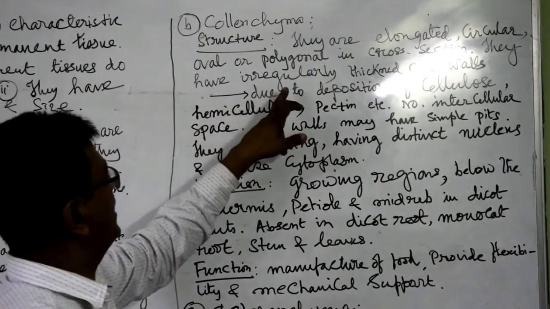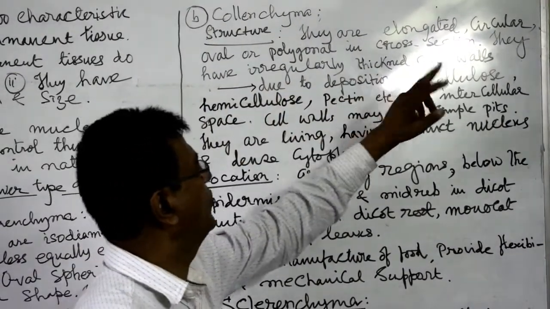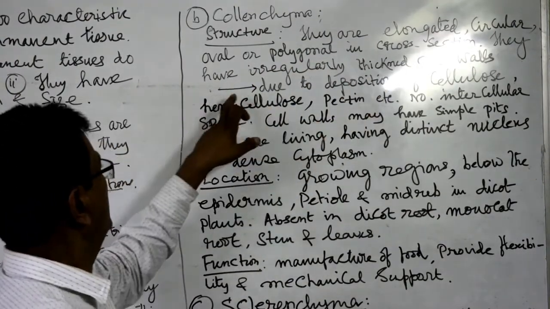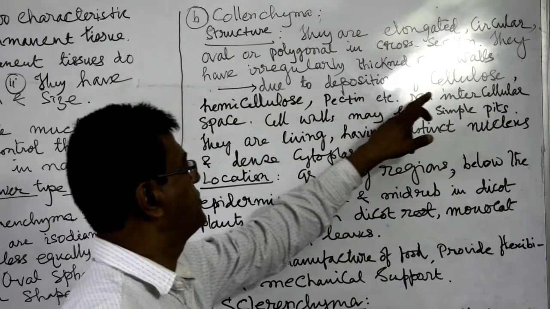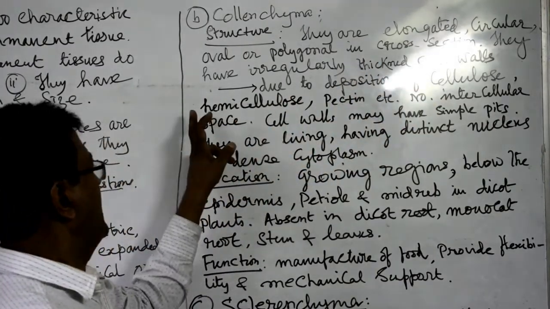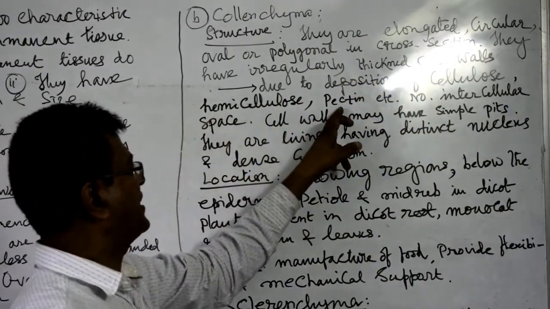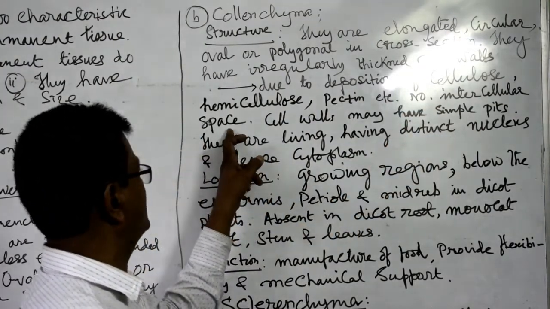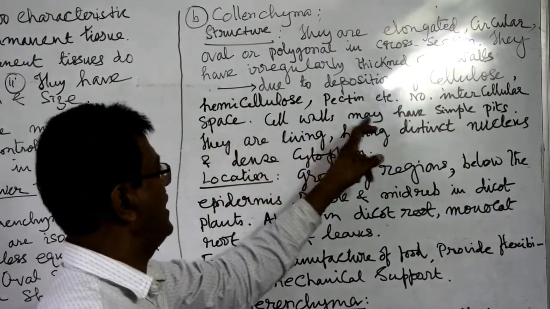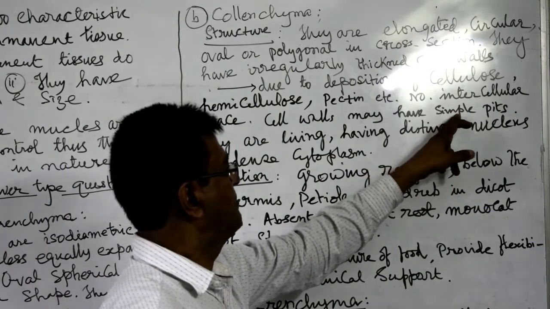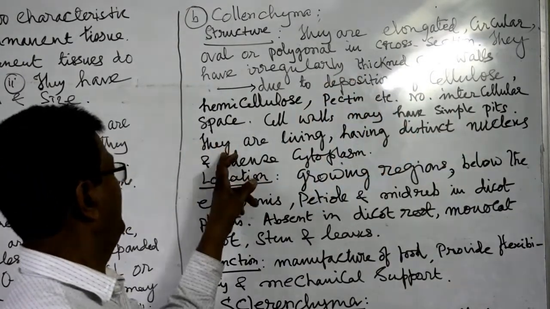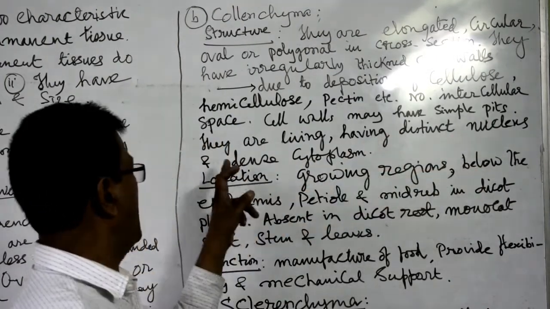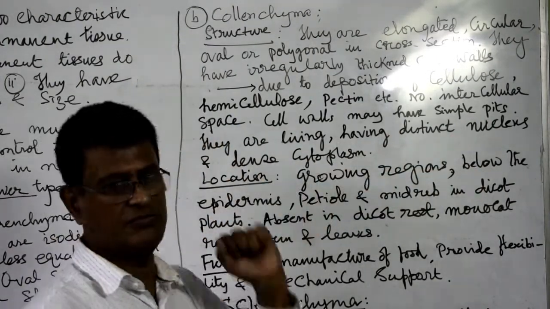They have irregularly thickened cell walls due to deposition of cellulose, hemicellulose, pectin, etc. No intercellular space is there. Cell walls may have simple pits. They are living, having a distinct nucleus and dense cytoplasm.